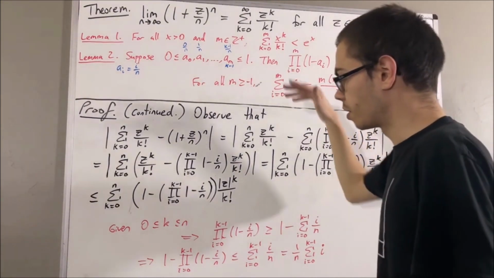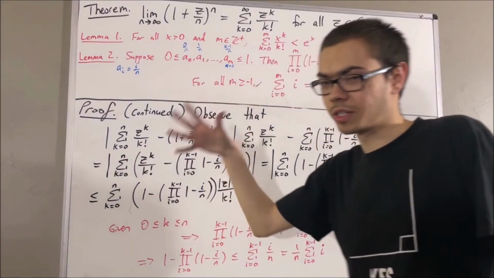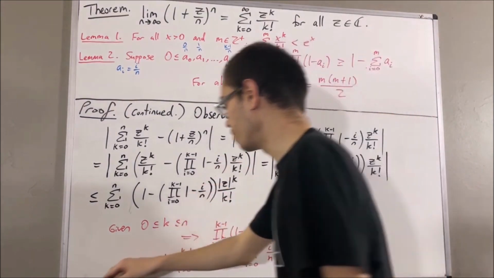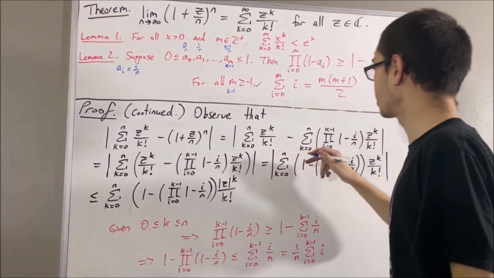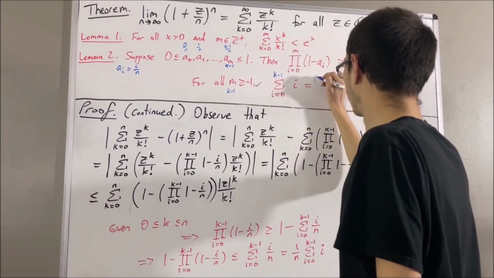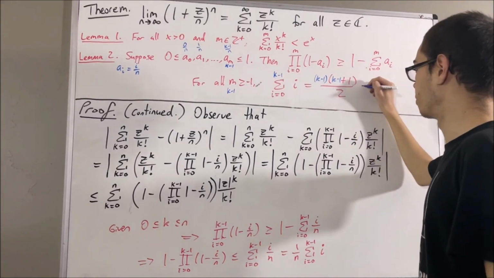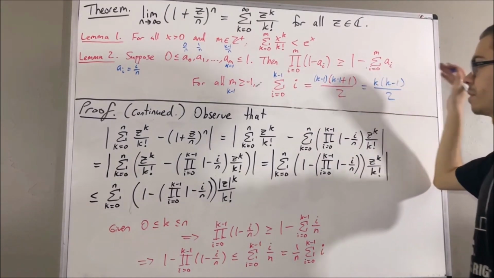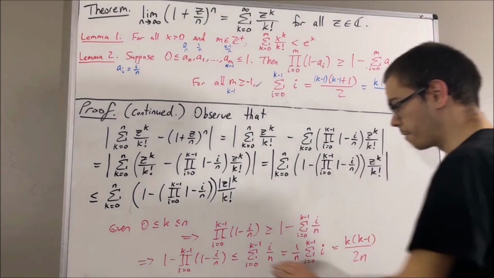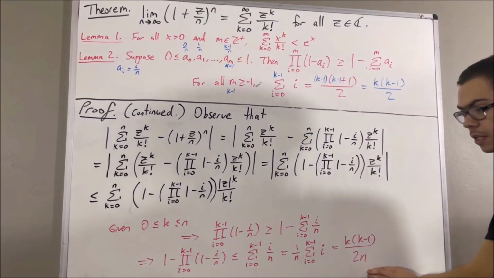So in particular, since k is greater than or equal to 0, k minus 1 is greater than or equal to negative 1. So if we take m to be k minus 1, what do we get? Well, I'm going to replace m with k minus 1. We have this. So really, this just simplifies down to k times k minus 1 over 2. And so we have that this guy is less than or equal to this guy.